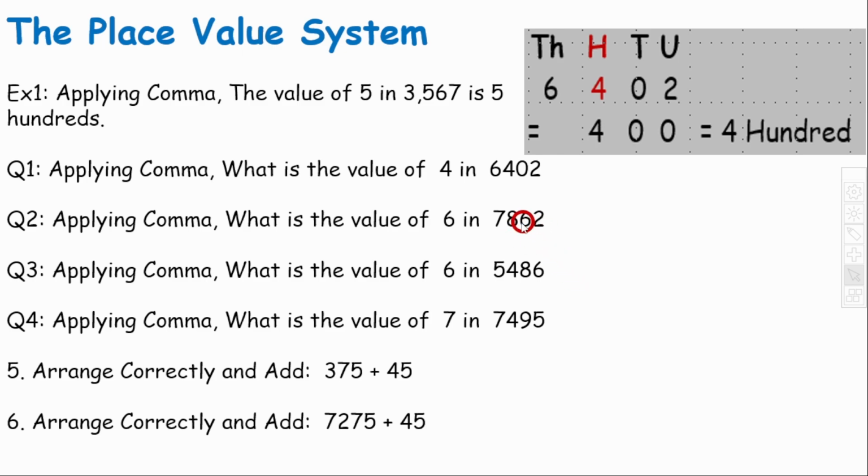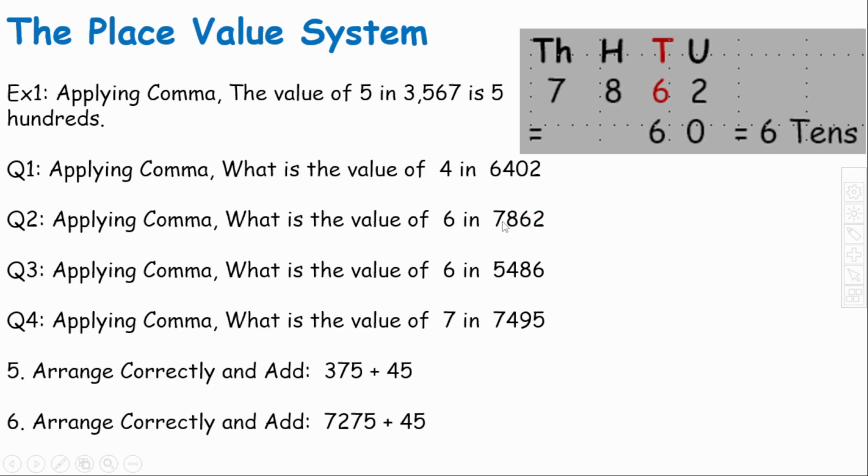Now, what is the value of 6 in this particular number? So we write down the number 7,862 and label it unit, tens, hundred, and thousand. So it is 2 units, 6 tens, 8 hundreds, and 7 thousands. So automatically our answer is 6 tens, or you write it as 60, which is equal to 6 tens.